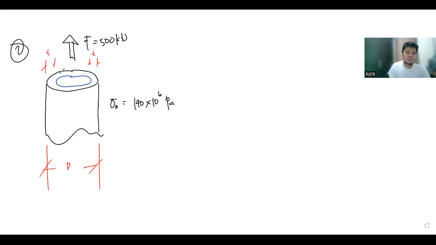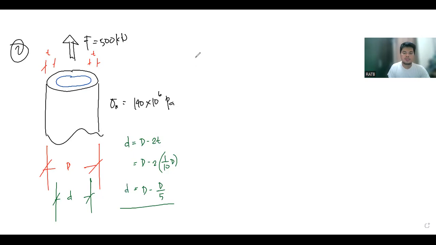Therefore we may say that the inner diameter, which we call d, is equal to the outside diameter minus 2 times the thickness. Basically that's D minus 2 times 1/10 of D, which is D minus D over 5.